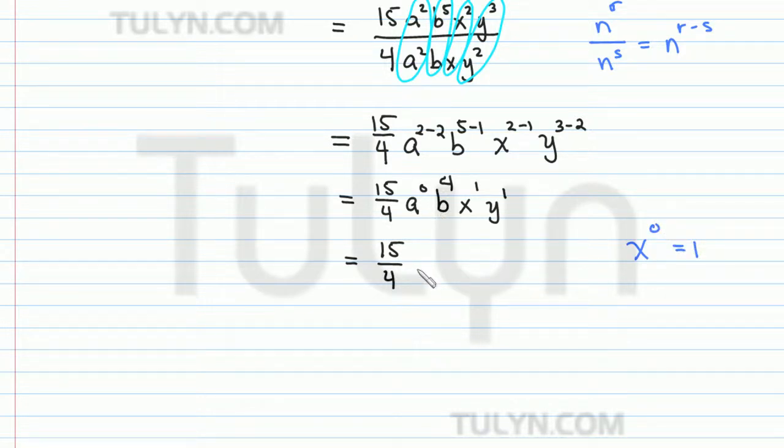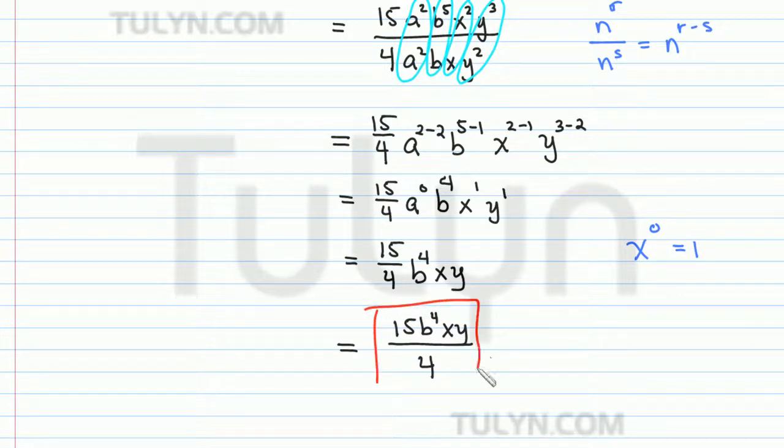So we don't have to write anything down there. Then we have b to the 4th, and then x, and then y. Similarly, you can write that as 15b to the 4th xy over 4. And so that's how we combine those two rational expressions.